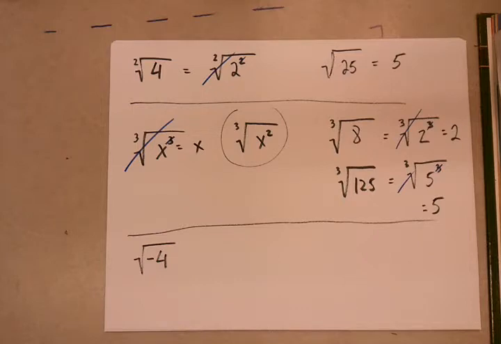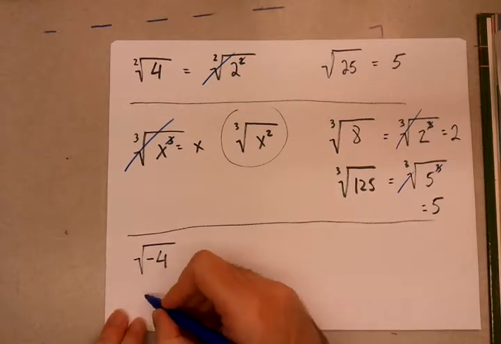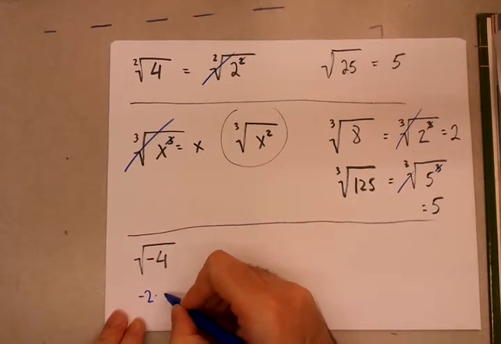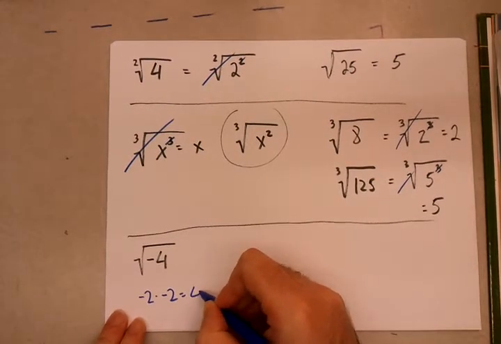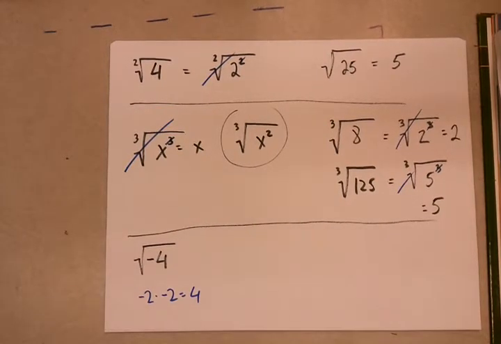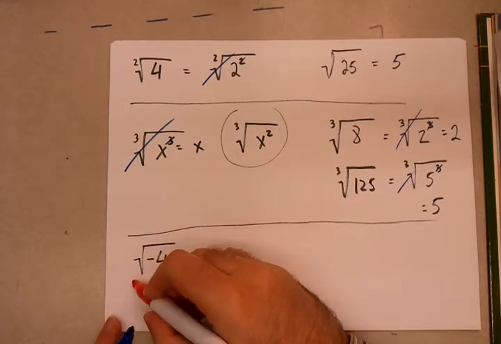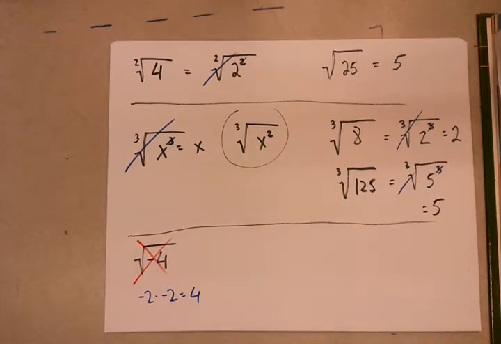It's 2 times 2. So you can't have negative 2 times negative 2. That's going to be a positive 4. And if it's a negative 2 and a positive 2, then it's not the same integer anymore. It might look pretty close, but it's not the same integer anymore. So we couldn't have this with square roots.